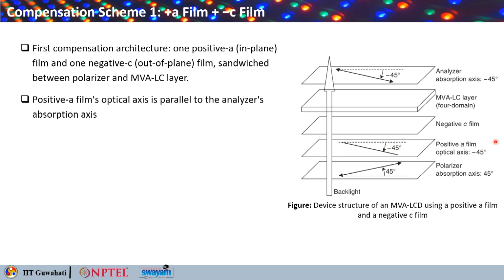So how it is designed: first you have a polarizer, then a positive A film with its optical axis parallel to the analyzer's absorption axis, then a negative C film, then the multi-domain vertical alignment liquid crystal layer, and then the analyzer itself.